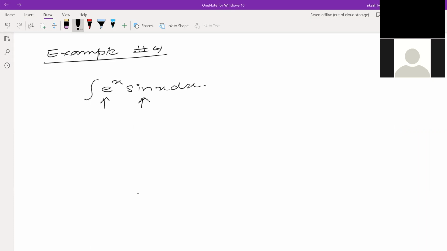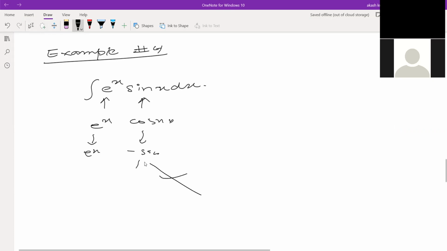When differentiating, e^x is going to be e^x again, sine is going to be cos x, cos is going to be minus sine x. So both functions are irreducible in terms of power. So whichever function we choose for u and v.